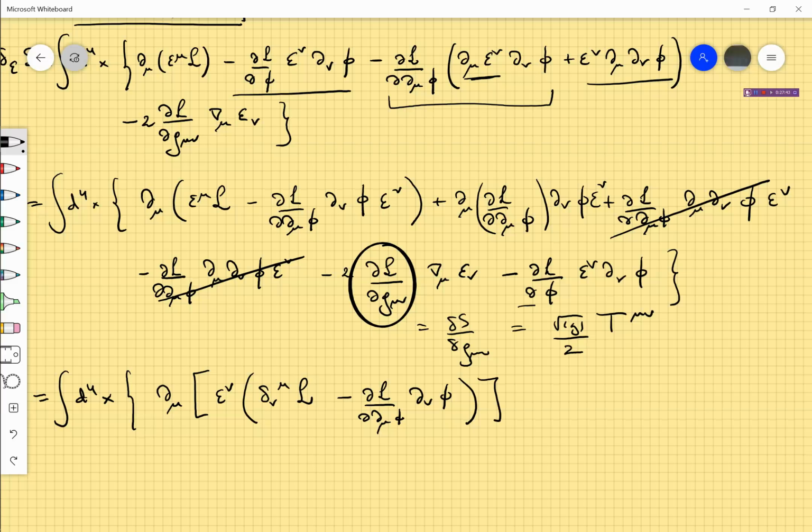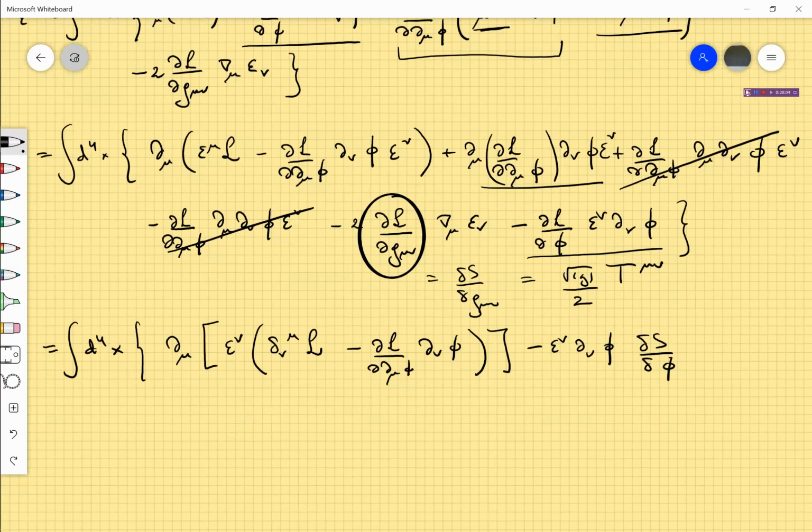Then we have the terms which are proportional to epsilon nu partial nu phi. And which up to the sign, okay, they give me the equation of motion of phi. Finally, I have this term. Let me write it. It is minus square root of g T mu nu nabla mu epsilon nu, and I am removing the symmetrizer in the lower indices because T mu nu is symmetric and I don't need it.